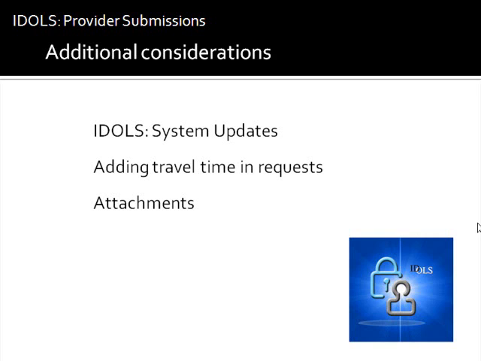Could be related to assistive technology or environmental modification requests as well. Otherwise, you're going to have to submit them individually. All documents that are attached in IDOLS will be visible to both the CSB and to the Office of Developmental Services. Please continue on to Part 3, which will cover approvals, rejections, and pending requests.